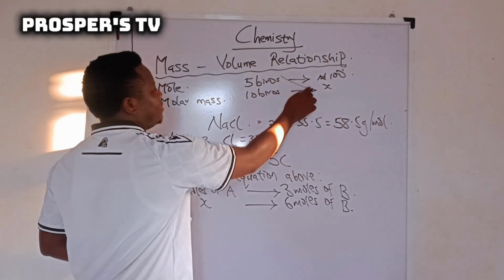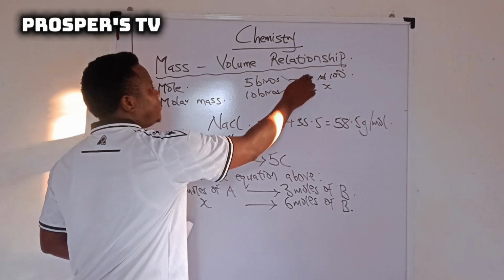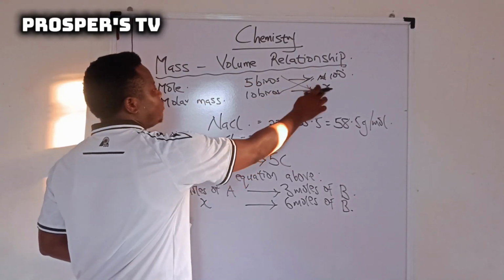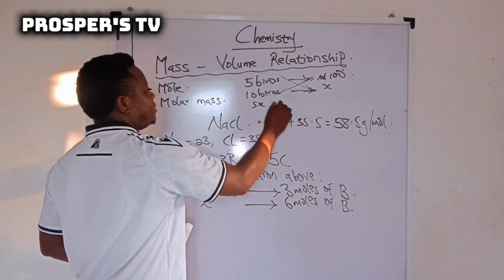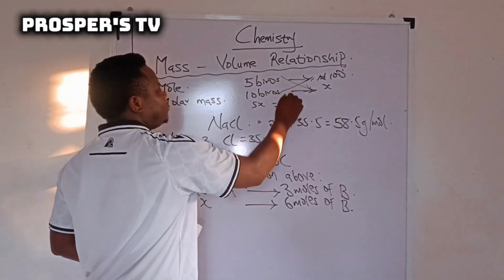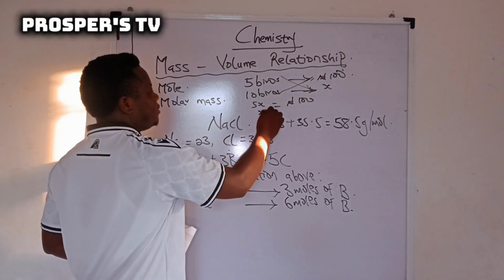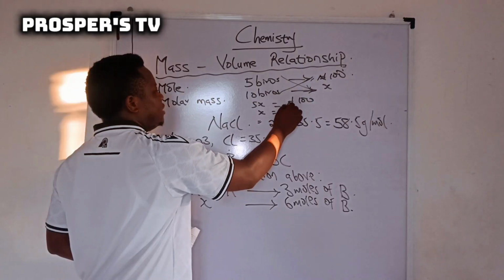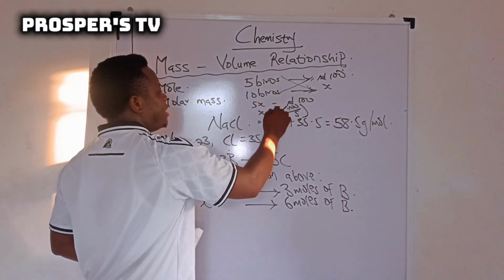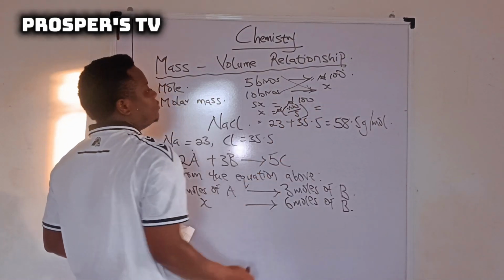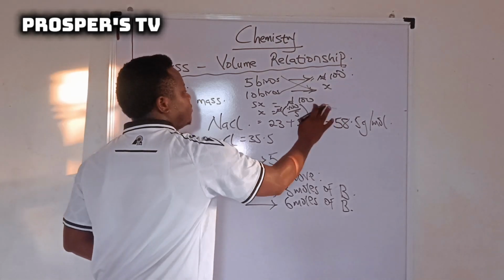From here, you were taught that you should cross multiply, meaning at the end of the day, 5 multiplies X to give you 5X, then 10 multiplies 100. By the time you divide both sides, X becomes 100 divided by 5 naira, which would give you 20 naira.